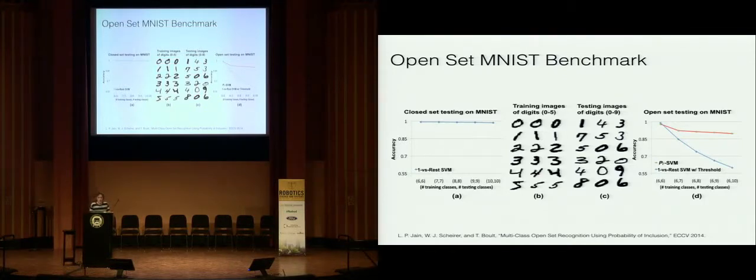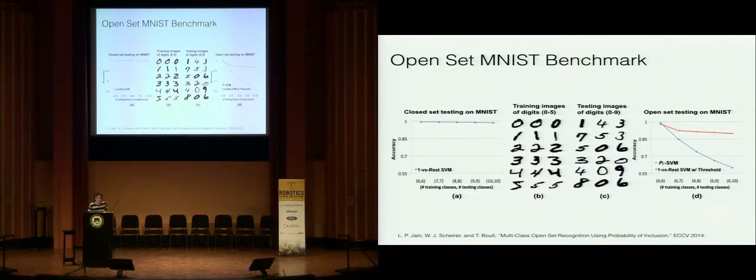Let's just train on images of digits 0 through 5, and then we're going to test on digits 0 through 9. So we left out some digits, and we brought them back in during testing. And lo and behold, the SVM, giving it a threshold so it can at least attempt to reject data coming into its recognition function, its performance drops dramatically.